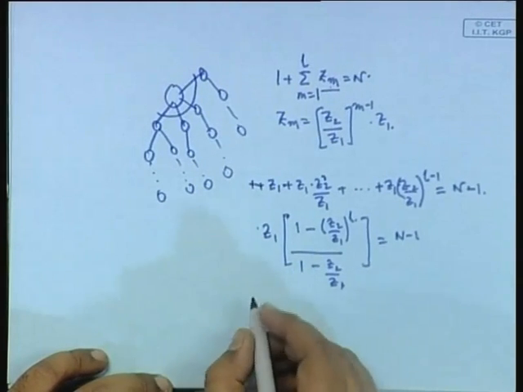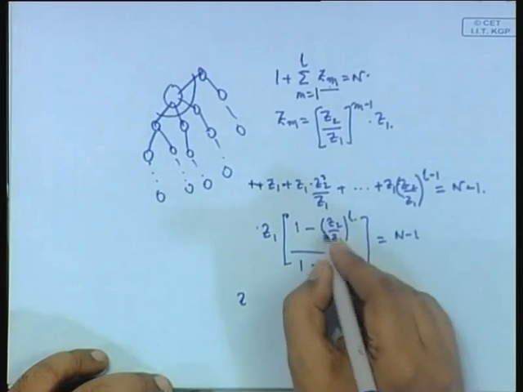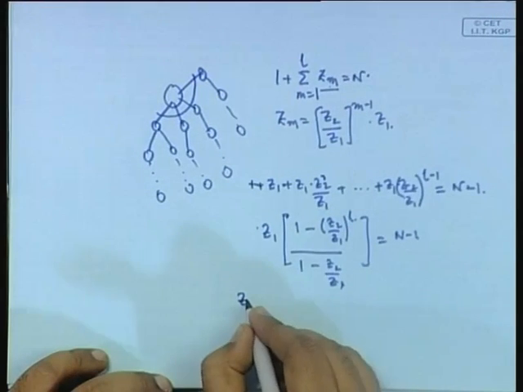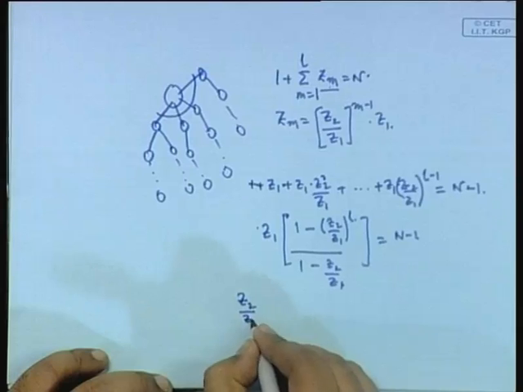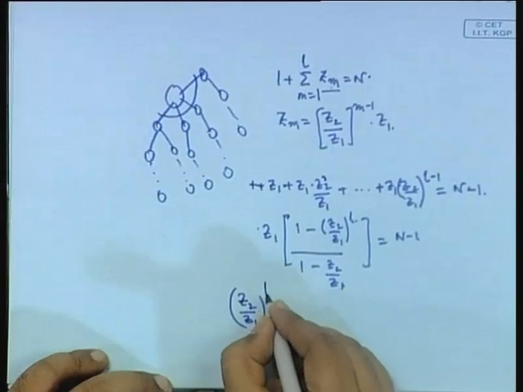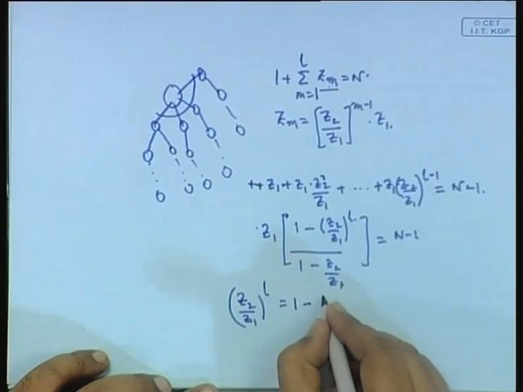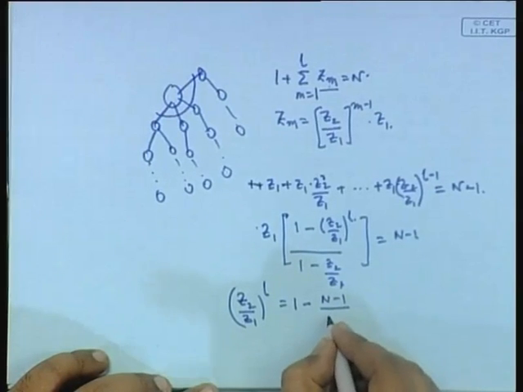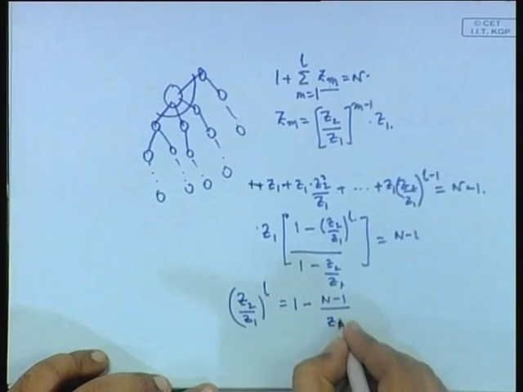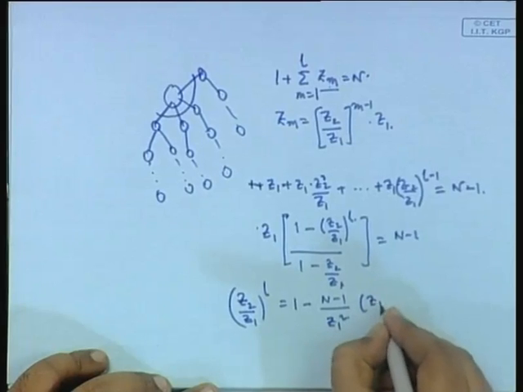And you can make this the subject of the equation: Z2 by Z1 to the power L is equal to 1 minus (n minus 1)(Z1 minus Z2) over Z1 square.